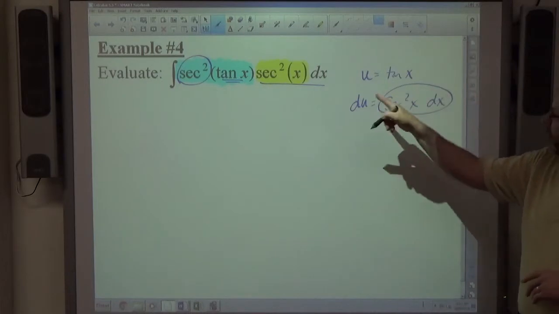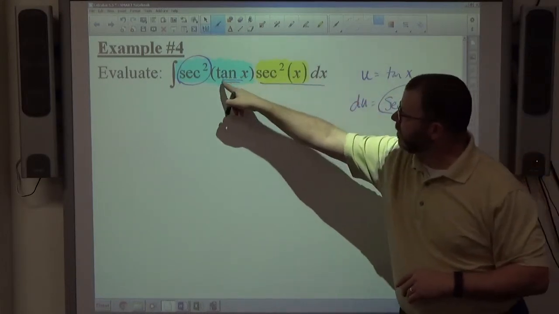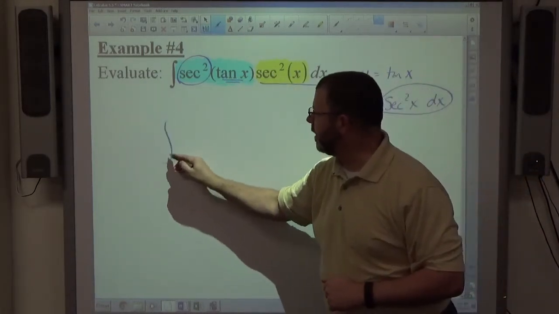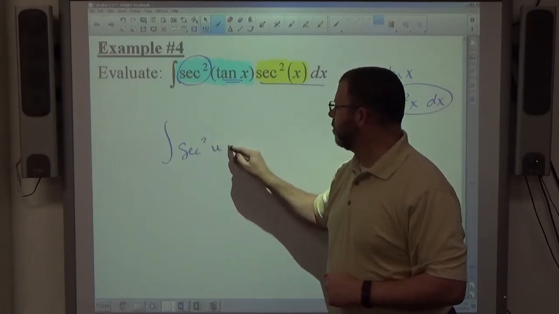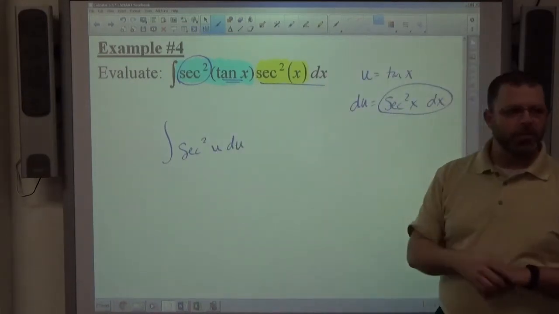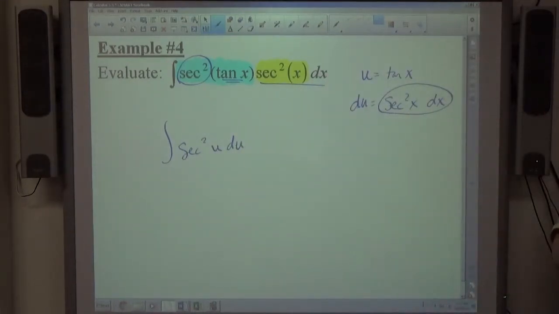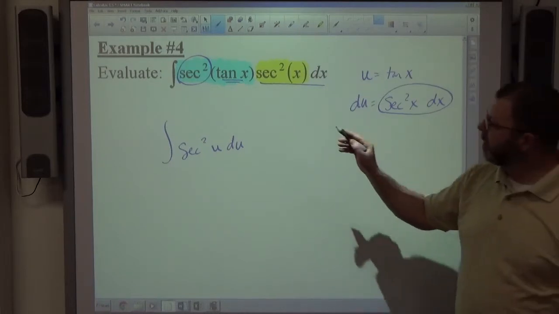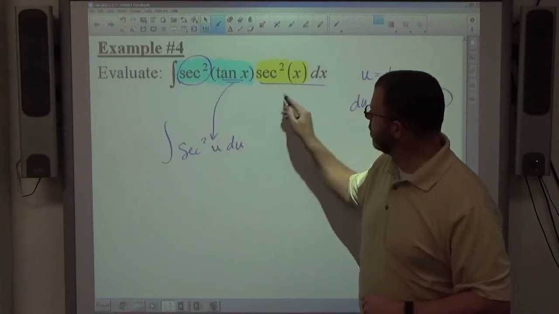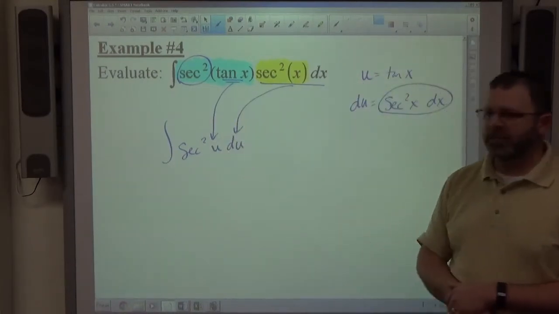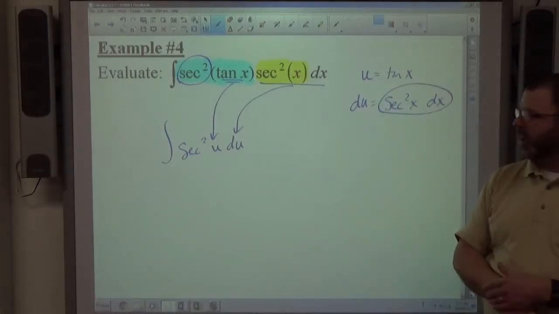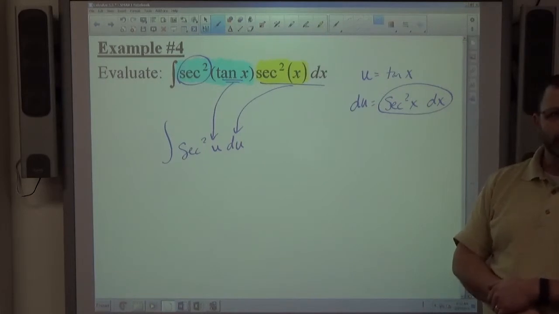So secant squared of x dx is du, that's secant squared of u, so notice we get secant squared of u du constructed out of the original problem. Taking a very complicated looking problem and changing it into a very basic problem. Change tangent of x into u, change secant squared of x dx into du. And now I'm just integrating secant squared of u.